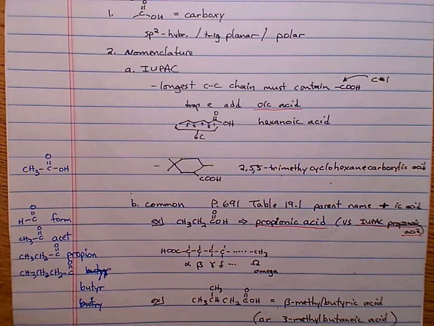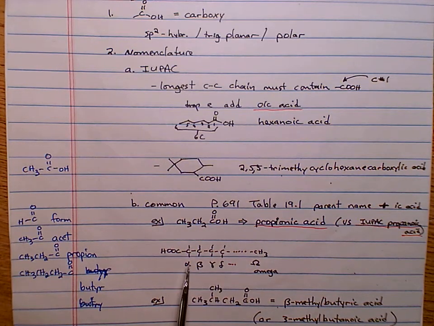So note that for IUPAC, this is carbon number 1, and this is carbon number 2. For common, this is carbon alpha. So carbon 2 in IUPAC is the alpha carbon in the common name.